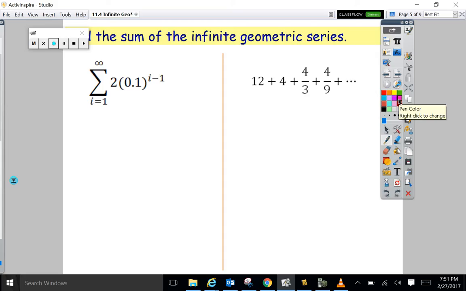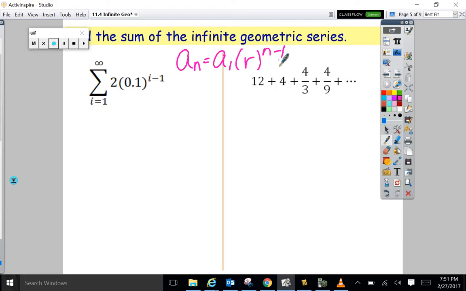In order to plug into that formula, we need to figure out what a sub 1 and r are from our summation notation. So remember that the summation notation is using the general formula, a sub 1 times r to the n minus 1.